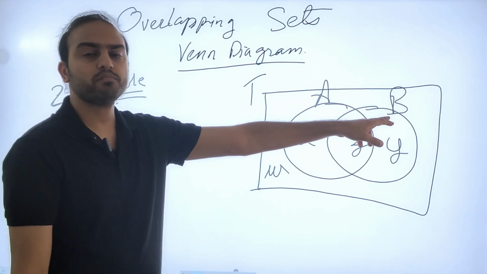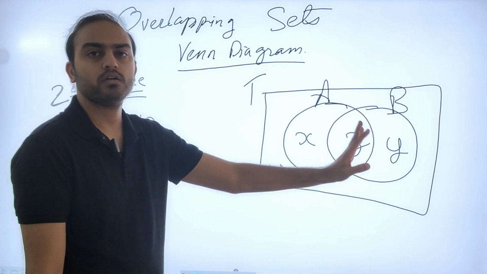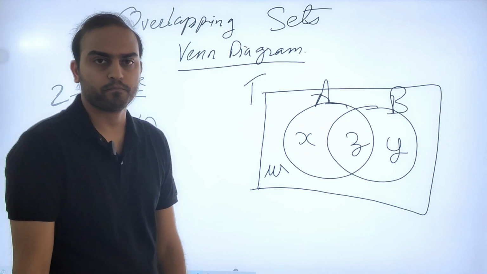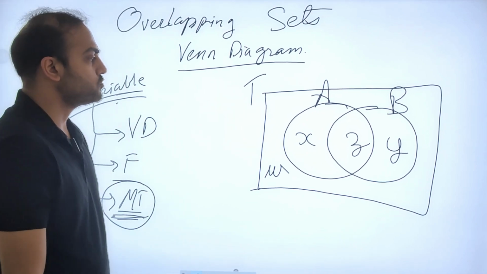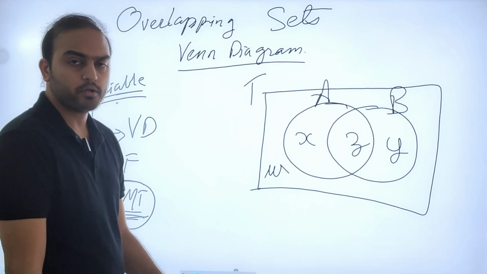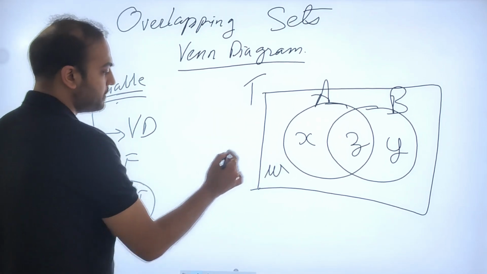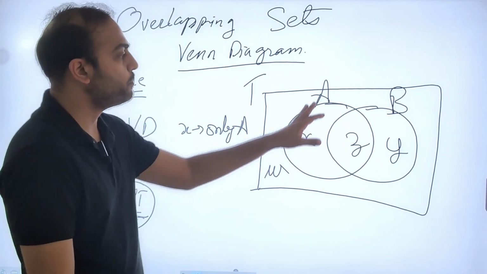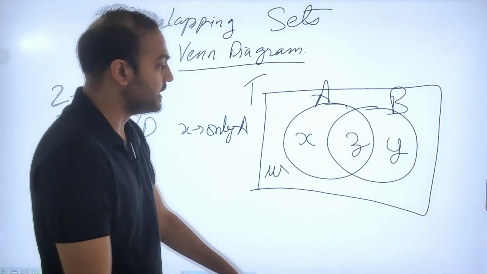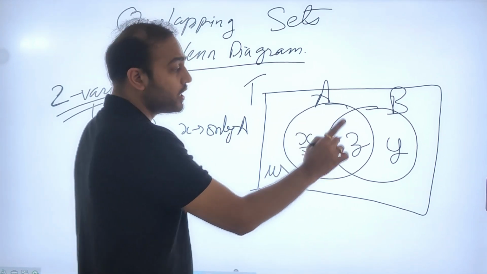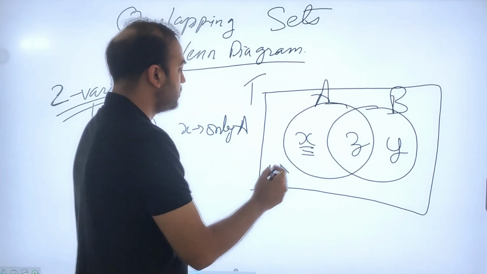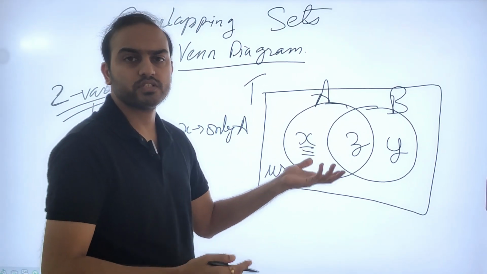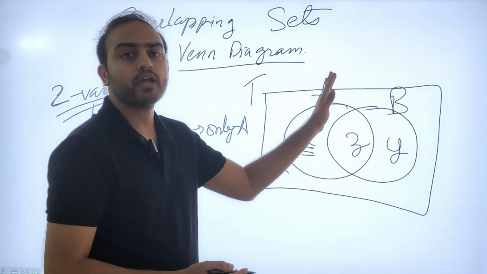Similarly, whatever is part of set B will belong to the circle or triangle or square of set B. So let's understand the meaning of X, Y, Z and W. X means only A, people who belong to A but not B. X is part of set A but not a part of set B. So X belongs to only A. These are students or persons or variables who are part of A only.